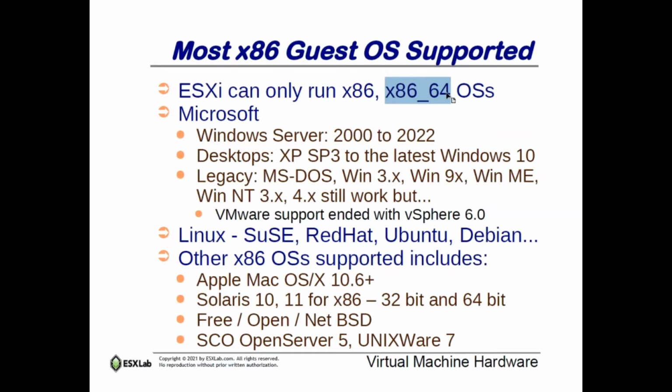So it cannot run virtual machines for other CPUs like IBM's Power Series, HP's PA RISC, Sun SPARC, or anything like that. And the reason for that is because my PC server is powered by a high-end Intel or AMD 64-bit CPU, and 64-bit AMD and Intel CPUs have a common instruction set, and x86 or x86 64-bit operating systems were programmed to run on those CPUs and only those CPUs.